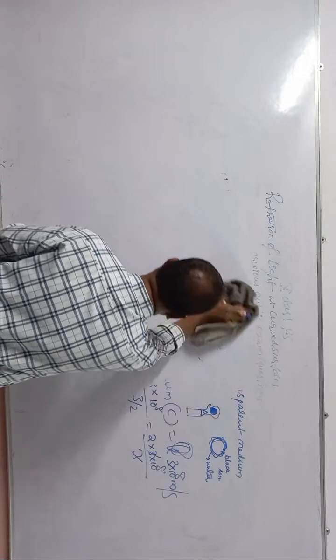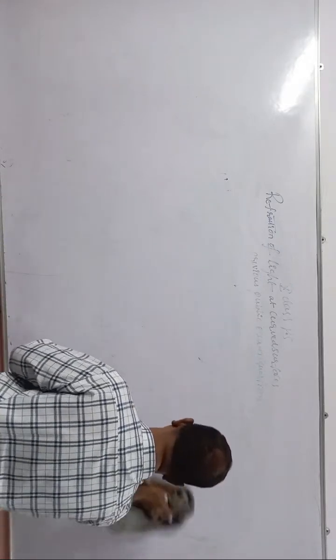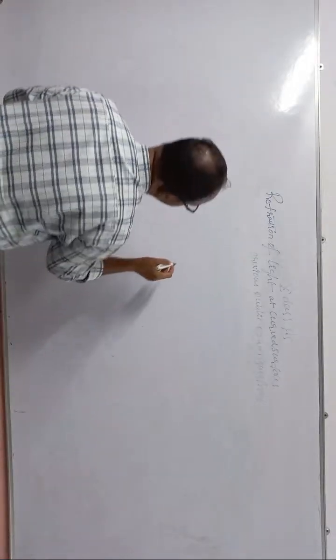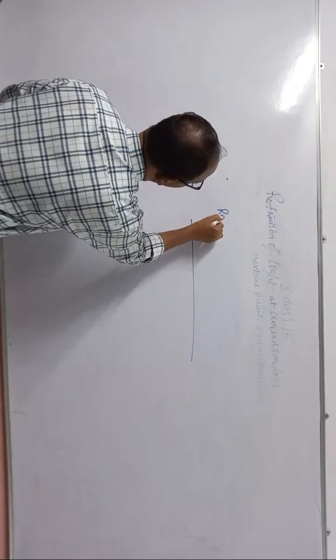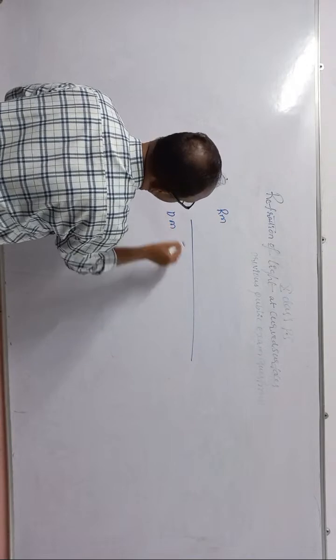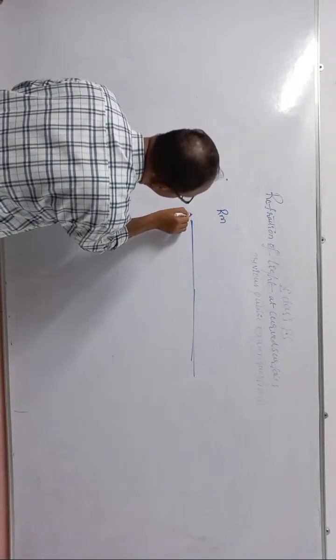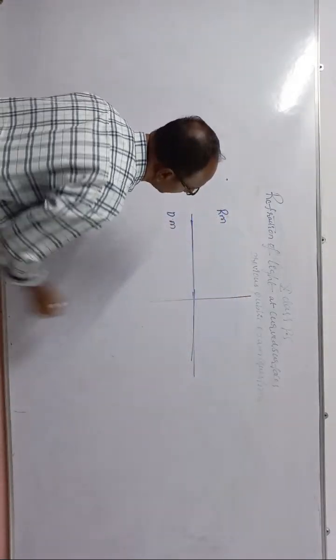So the critical angle topic is important for higher studies also. For example, it is a rarer medium, it is a denser medium, and this is an interface, and this is the normal.